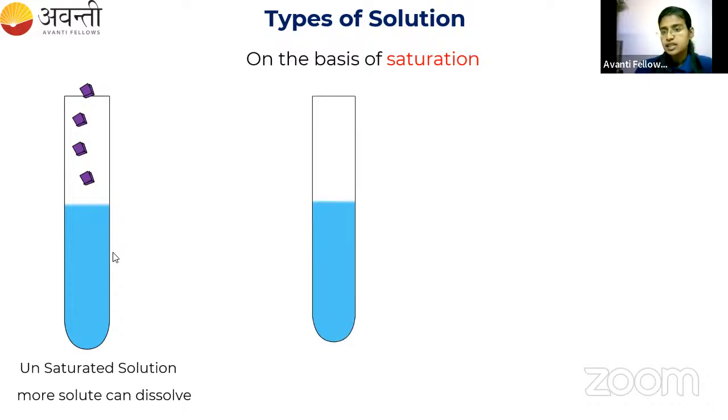The second type of solution is called a saturated solution. What is meant by saturated? Has anyone heard of this term saturated solution before? If you have, can you give me the definition? Unsaturated means I can add more amount of solute. Saturated means no more solute can dissolve.